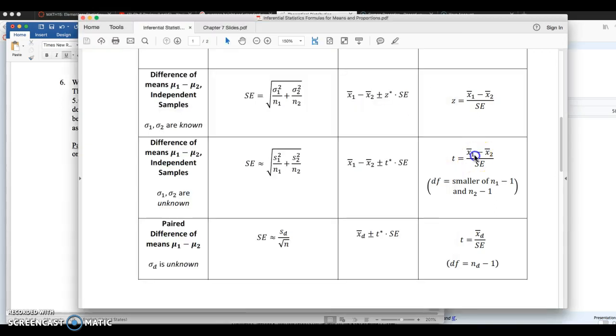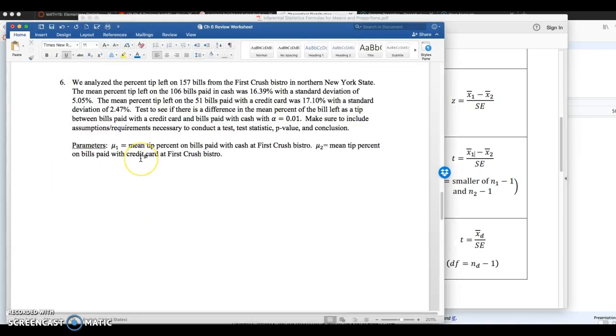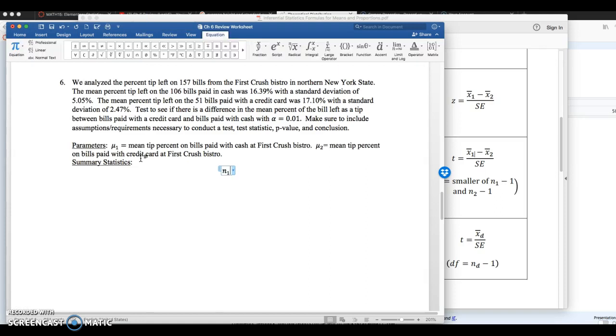Okay, so we have our 2 parameters, and then we could write our hypotheses. Oh, but wait a second, because we need to figure out if it's a paired difference or independent difference. So sometimes it's nice just to think of the summary statistics. So here I've got 2 different samples. I've got n sub 1, my sample size for bills paid with cash, 106.